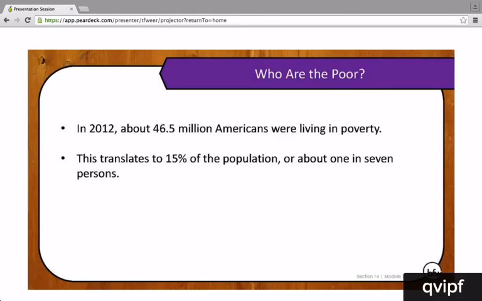These two groups are overrepresented in the poverty ranks because they make up a smaller percentage of the population. If you are a single mother, unmarried, you are also much more likely to be in poverty than the average American. Single mothers, as heads of households, have a poverty rate of 32.5%.